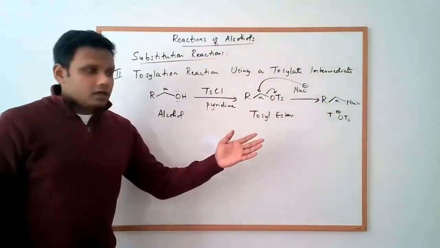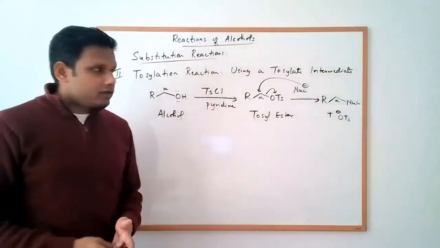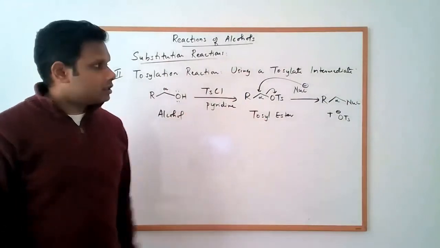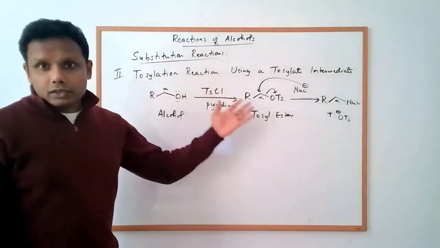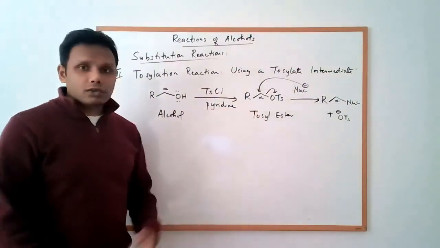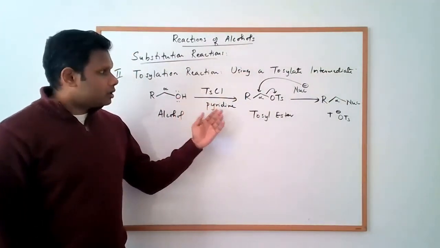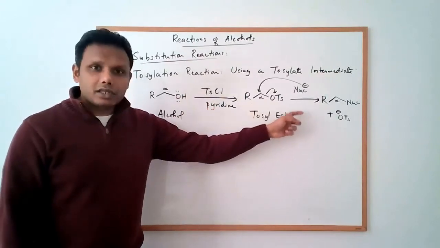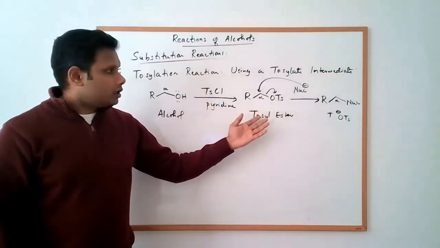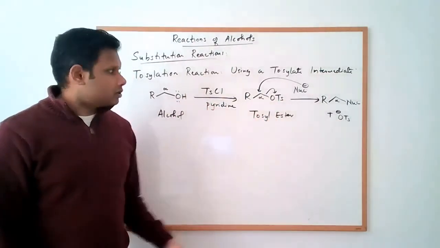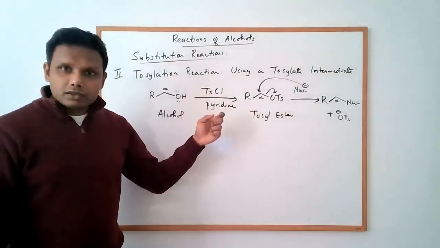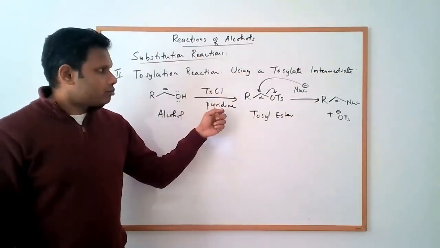That's something that we've already talked about previously, so I'm not going to go into the details here, but that's another strategy for doing substitution reactions on alcohols, using a tosyl ester as an intermediate. And the tosyl ester is synthesized using tosyl chloride and pyridine.